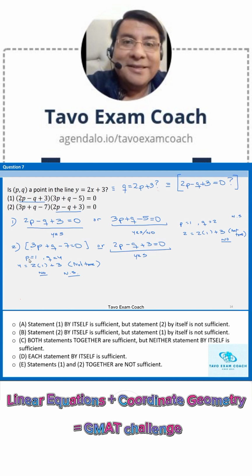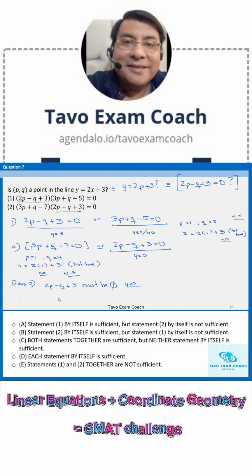Same as statement 1, it is not sufficient. But statements 1 and 2 taken together mean that 2p minus q plus 3 must be 0. So this means that we have an affirmative answer to the question and statements 1 and 2 are sufficient.